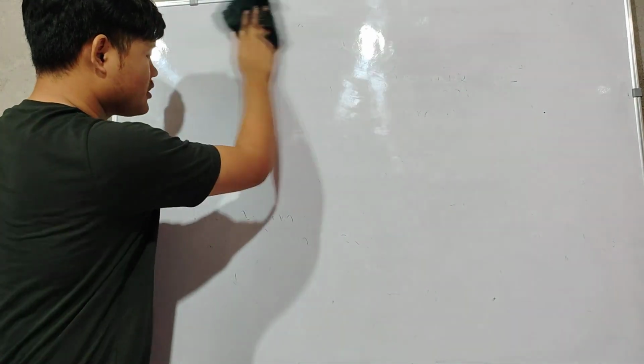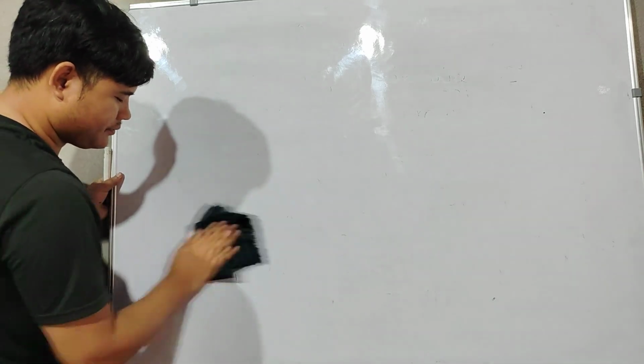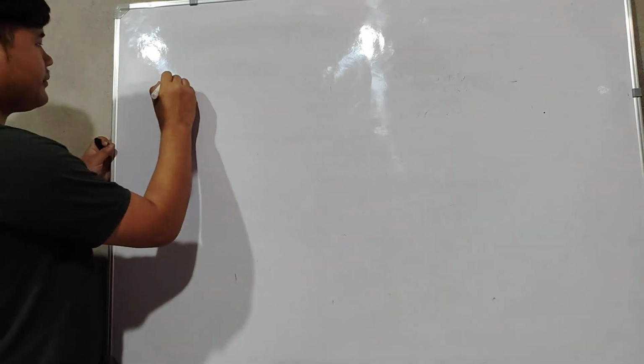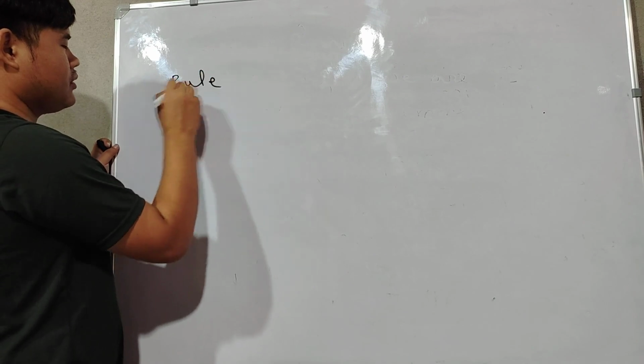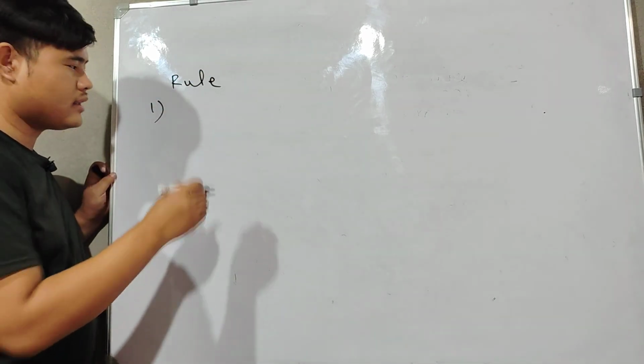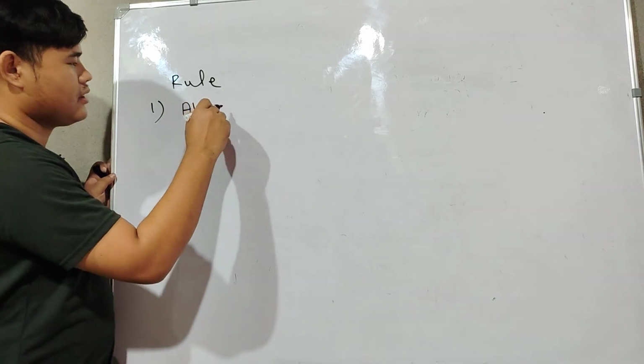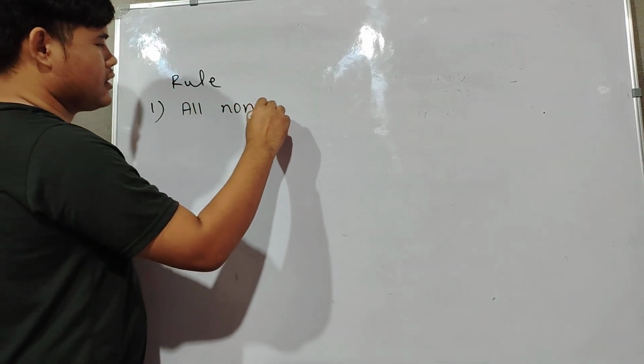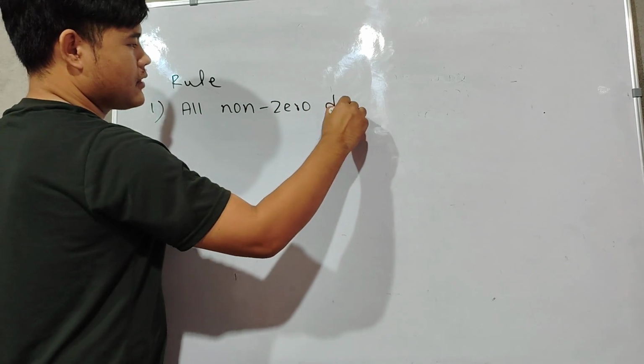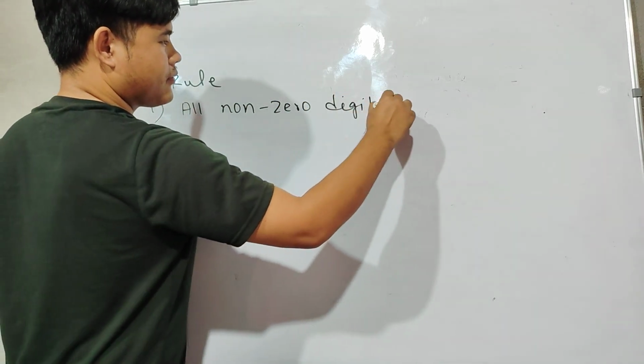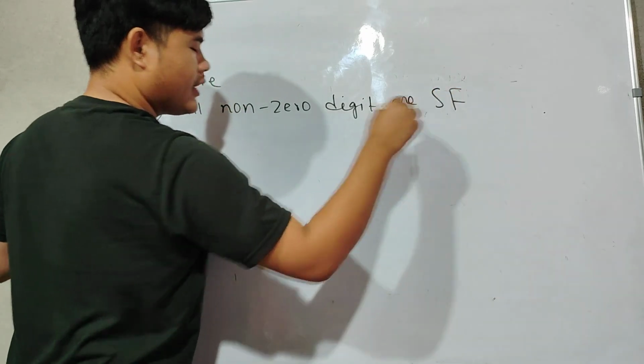Rule 1: all non-zero digits are significant figures.